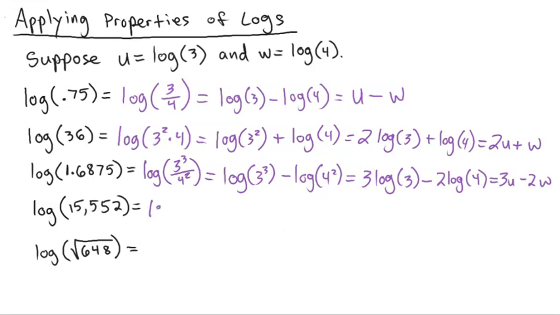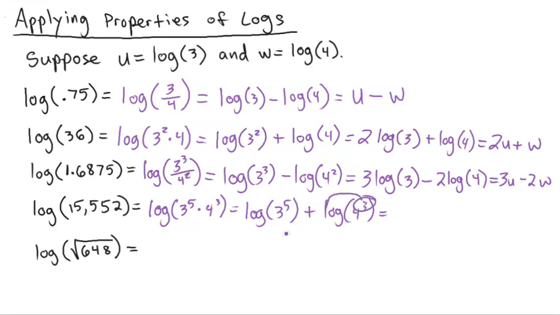So this is log of 3 to the 5th power times 4 to the 3rd power. And so the multiplication will become addition. So this will become log of 3 to the 5th power plus log of 4 to the 3rd power. And now we can move the exponent into the front of the logarithm. So the 5 will go to the front of this one, and the 3 here will go to the front of this one.